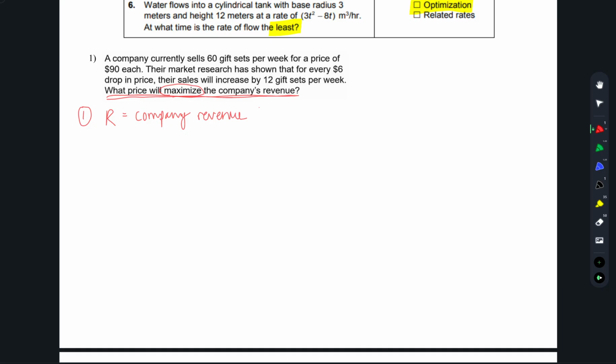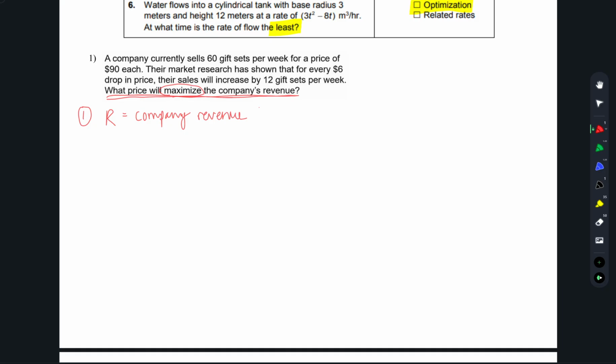So we're selling gift sets for this much, and then they're talking about every $6 drop in price, their sales increase. You have to figure out what your x is. We don't know how many gift sets. But what changes in the problem, what affects the answer the most, is not really how many. I guess in a way it is, but the price changes when there's a drop in price.